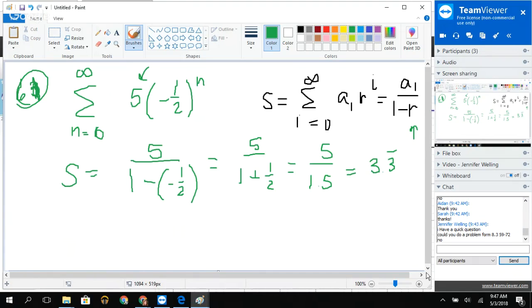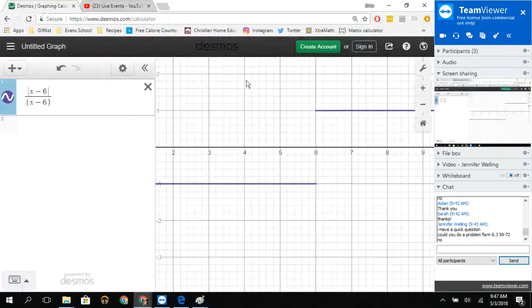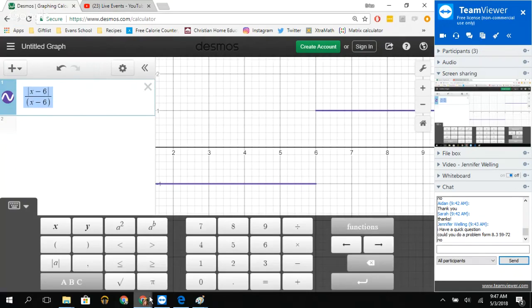Okay. I haven't tried this in Desmos, but I would like to try it really fast to see how Desmos handles it. I don't know if it knows what infinity is. Let's see.